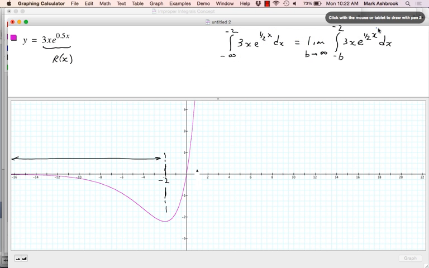So now we've got 3x e to the 1/2 x. We have to reach into our toolbox for something else. You should notice a common form for undoing the product rule. What are the common forms? Something like x to a power times the e function, or x to a power times sine or cosine.